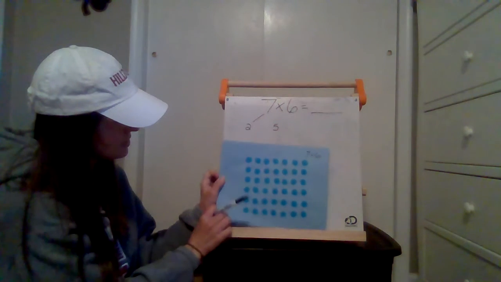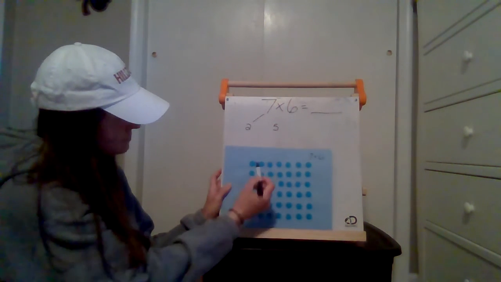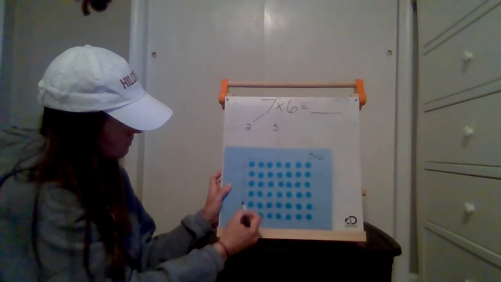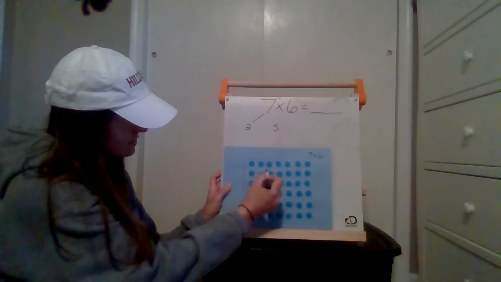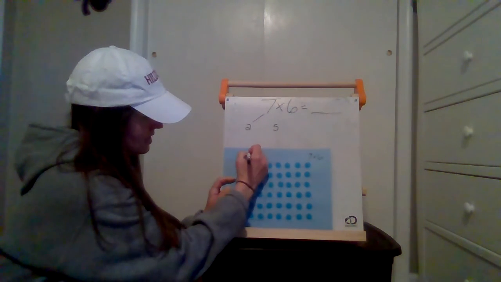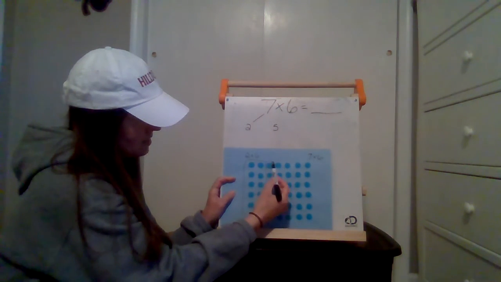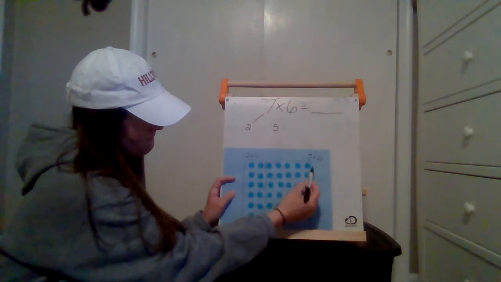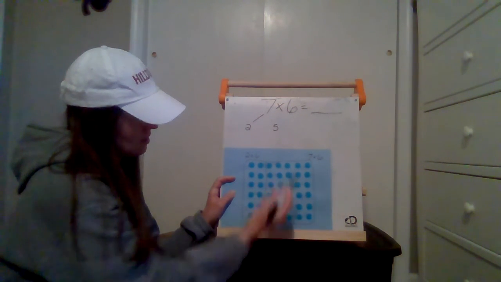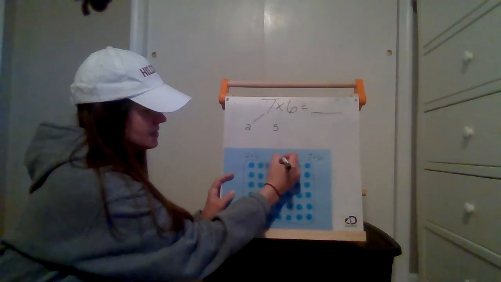So if I take a look down here at my array, I have 2 groups of 6, put that here, and I have 1, 2, 3, 4, 5 groups of 6.